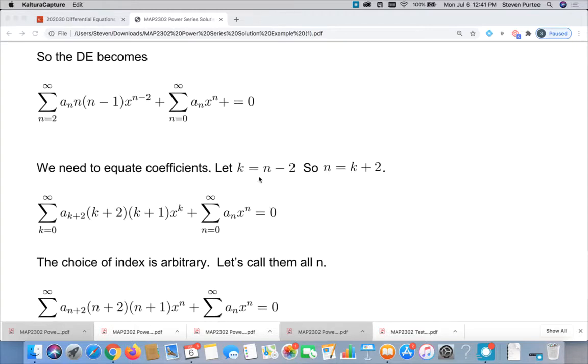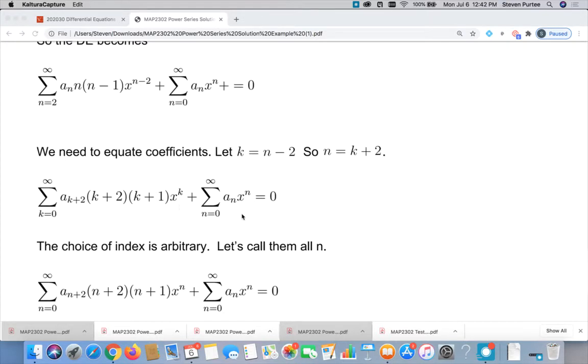So when n equals 2, k would be 0. N is k plus 2, n is k plus 2. N minus 1 would be k plus 1. N minus 2 would be k. Now look that they match up. I've got x to the blank, x to the blank. They both start at 0.